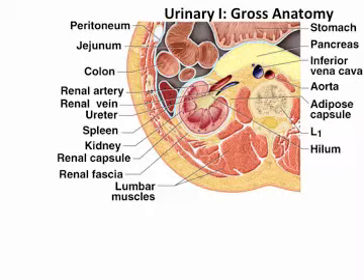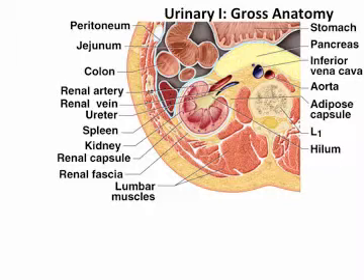So if you find that structure, then let's go from the kidney outward, more superficially, and find our renal capsule that we talked about a couple slides ago. The renal capsule is made of collagen and elastin, but superficial to the renal capsule, there's a thin layer of fat, and then superficial to that thin layer of fat is the renal fascia.